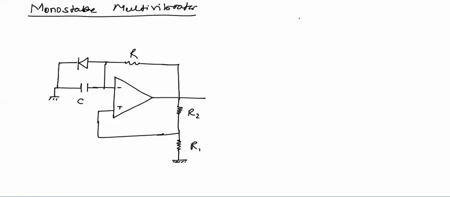as we have seen in the unstable multivibrator, this capacitor will be responsible for change in the output by its own. So we'll start the analysis that the voltage at non-inverting input will be equal to V0 into R1 upon R1 plus R2. Initially we assume that V0 equal to plus Vsat.